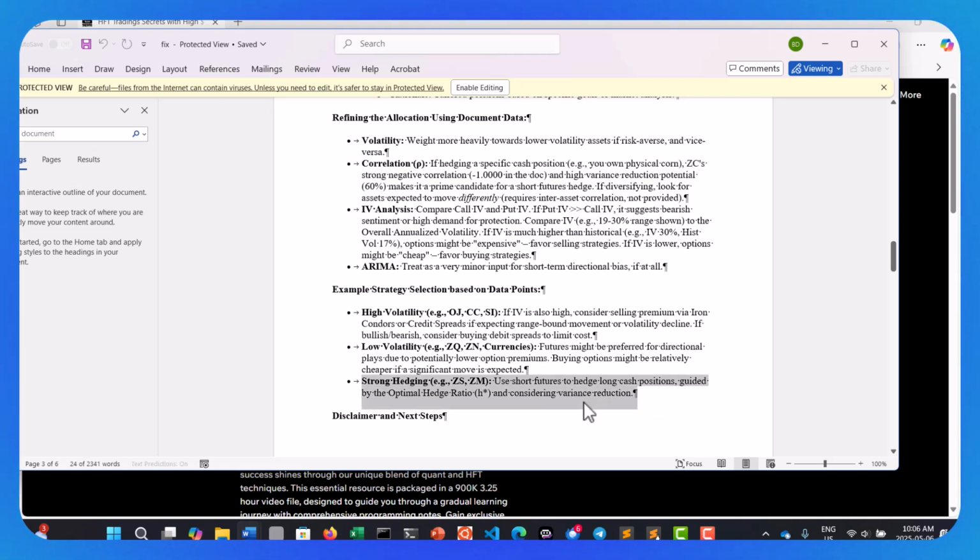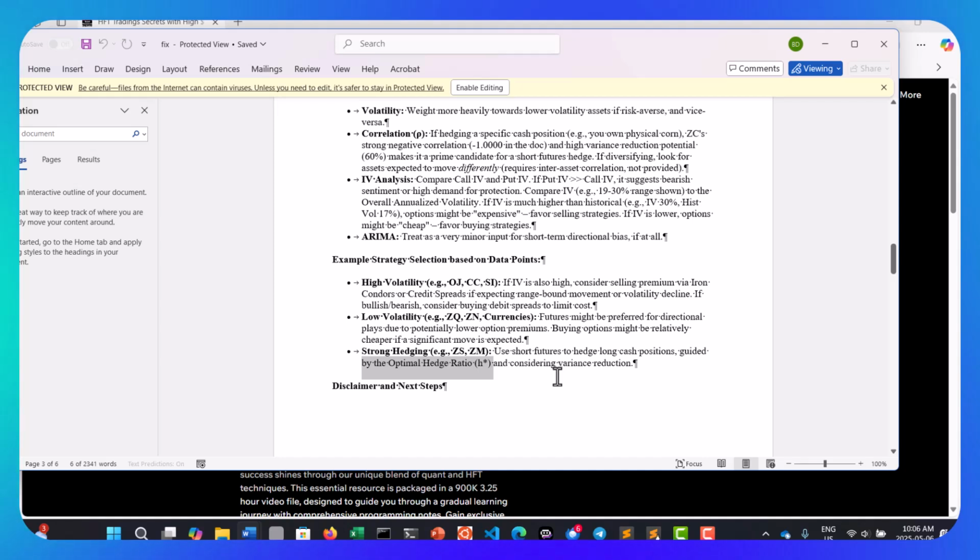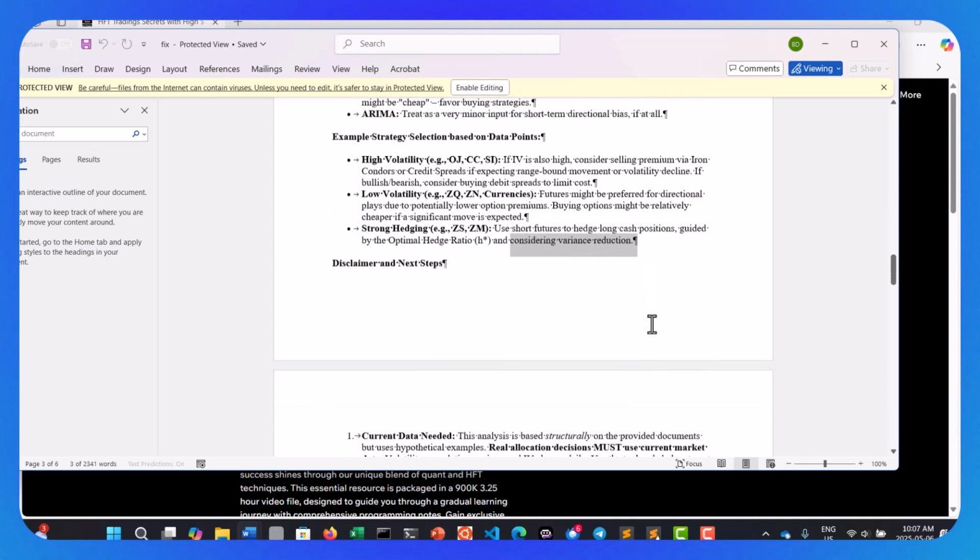Coming back to shorting on strong hedging opportunities on these two, with the ability to ask for a long cash position and calculate the optimal hedge ratio. My course goes over that a lot, and you consider the variance reduction.